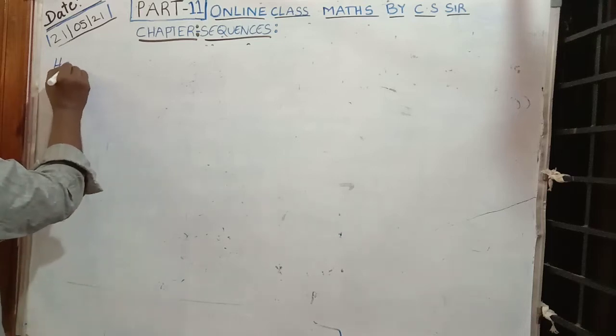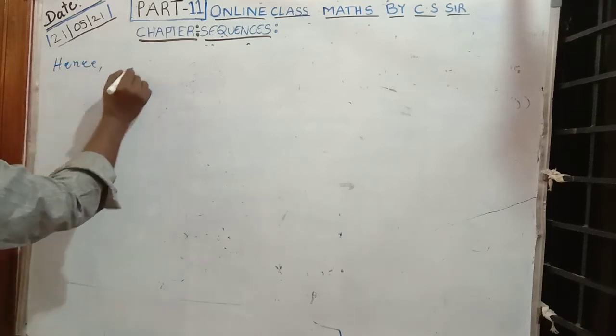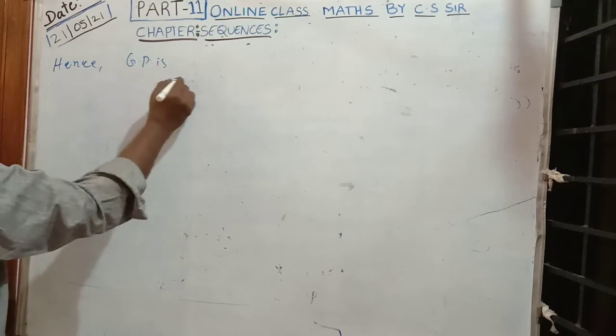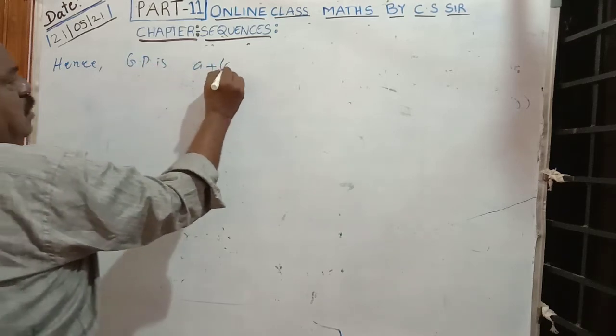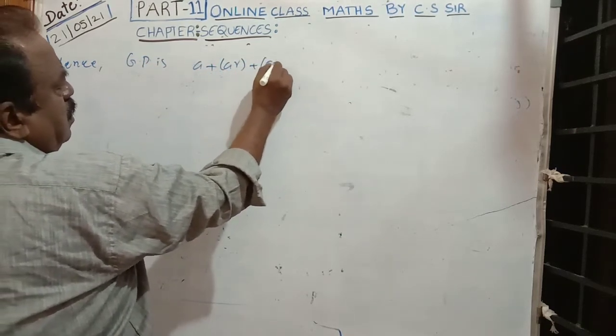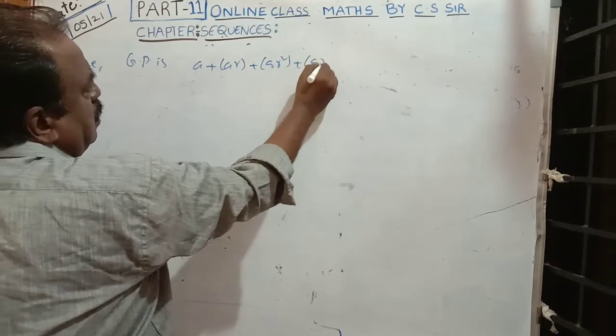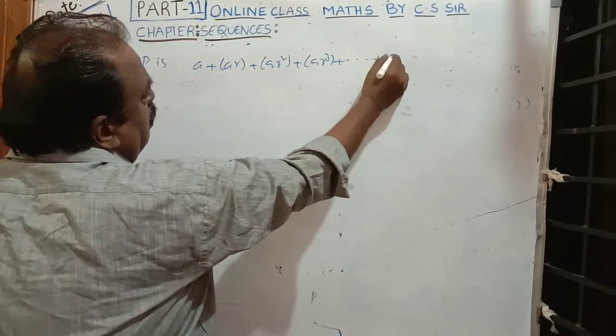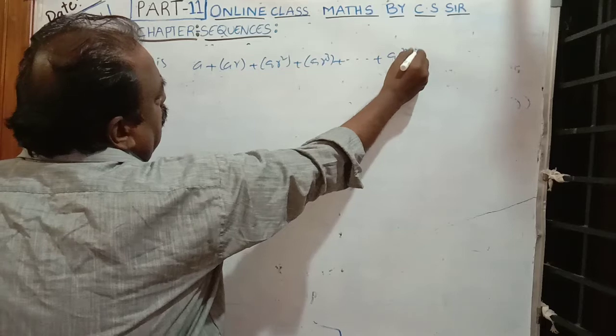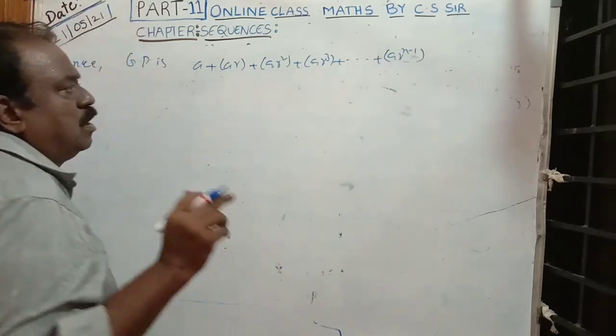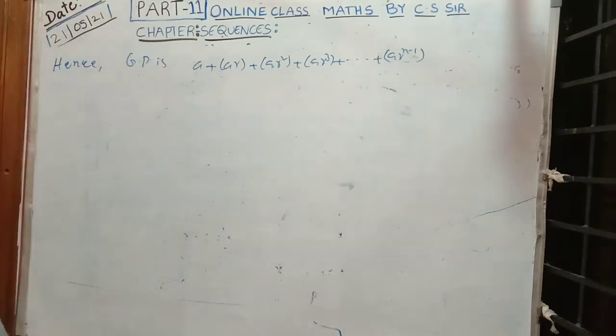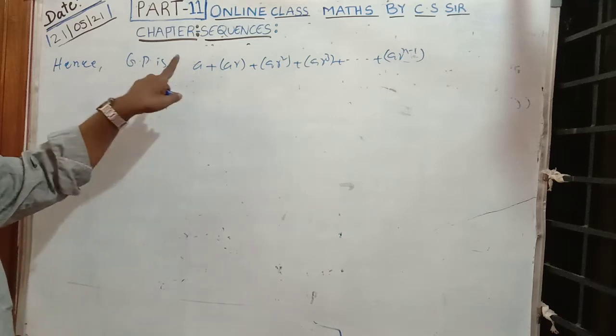Hence, GP is a + ar + ar^2 + ar^3 + and so on up to ar^(n-1). It is going like that only. Now n terms are there.